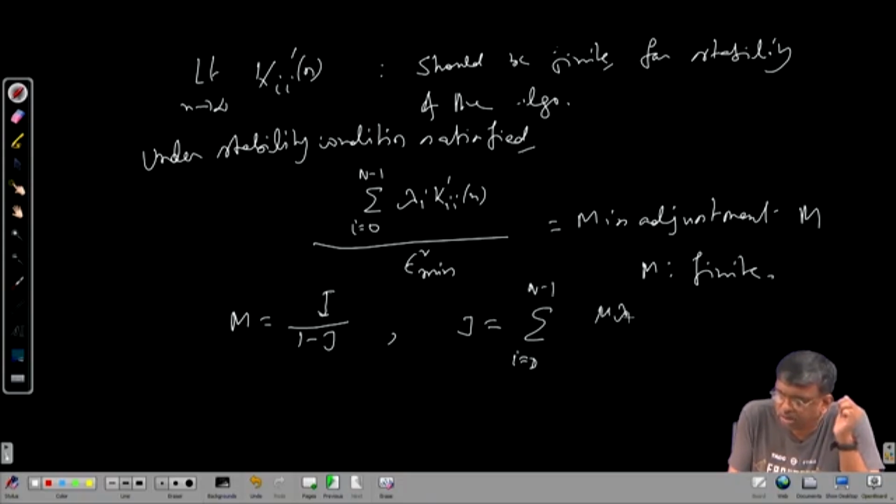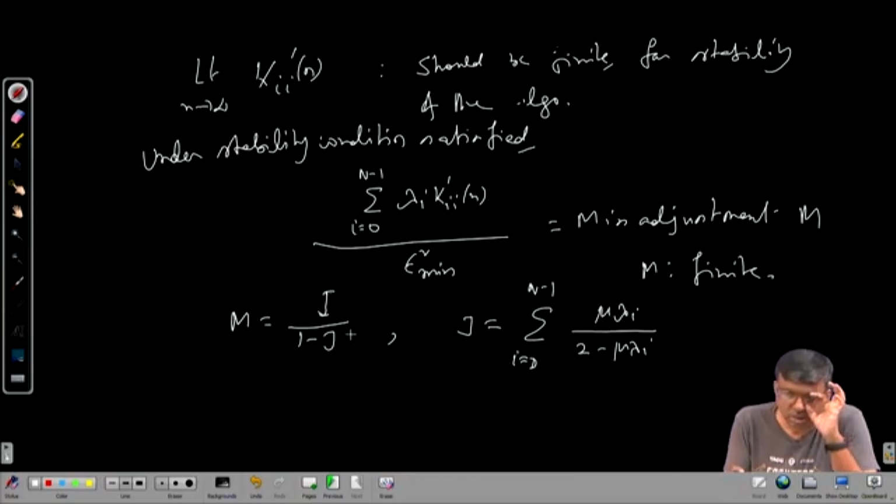For each eigenvalue, i equal to 0, i equal to 1 and so on, I have one term mu lambda i by 2 minus mu lambda i. So, mu lambda 0 by 2 minus mu lambda 0 plus mu lambda 1 by 2 minus mu lambda 1, and so on. Okay, this is J, and J by 1 minus J is M.